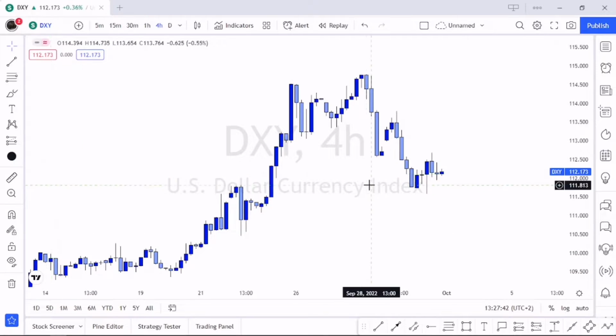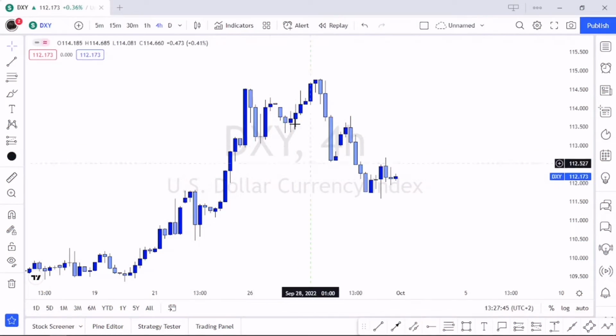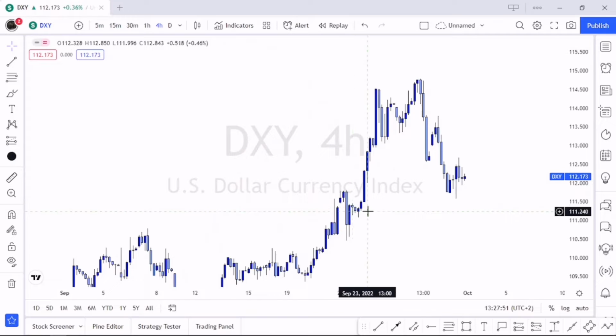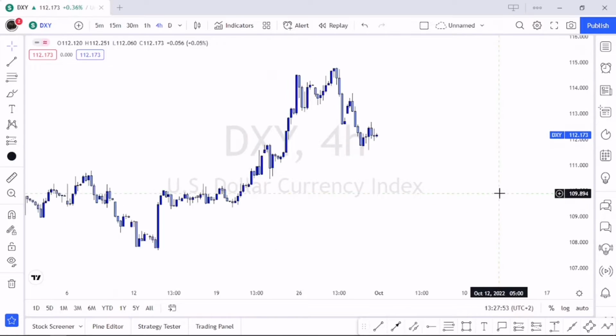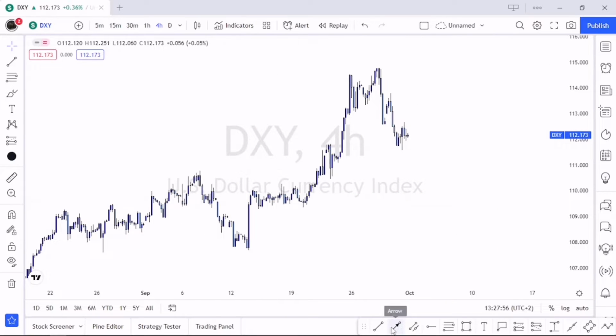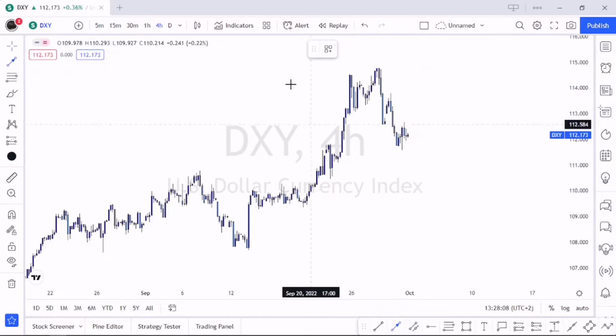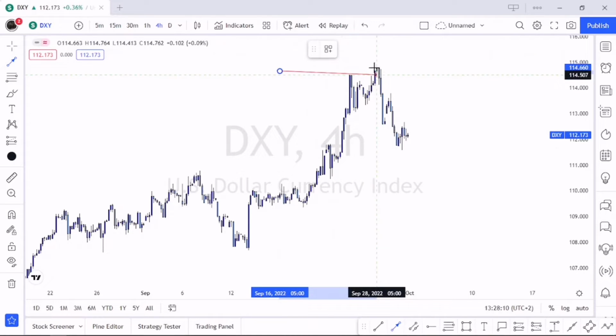Without wasting any further time, right now we have the dollar index, and it is starting to show signs of a trend reversal, right? Why am I saying that? Because I'm not a trend trader or trend line person, but just drawing this brick wall from this 4H time frame, we can see that it has been broken following that double top formation and the neckline being broken.